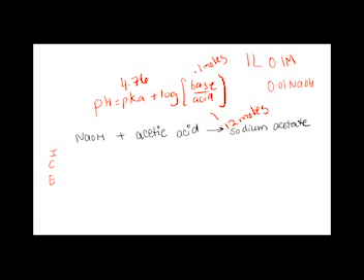When we add NaOH, are we making more base or acid? More base. So we're reacting NaOH with acetic acid to make more base, which is sodium acetate.